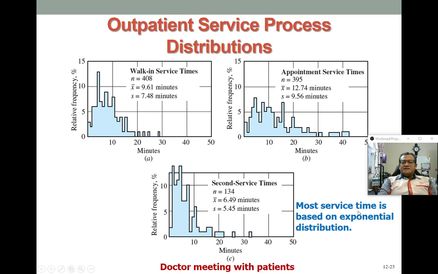Most service time follows this exponential approach, an exponential curve like this, and this is also exponential, and this is quite exponential. These are the cases of doctors meeting their patients, doctor checkups.